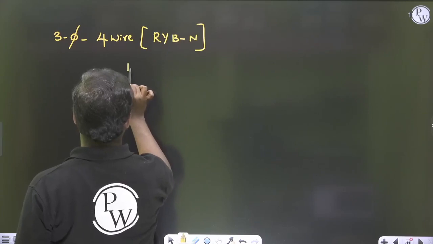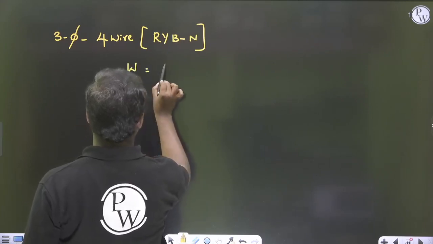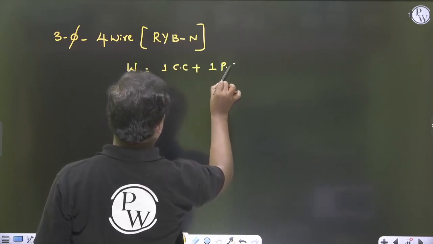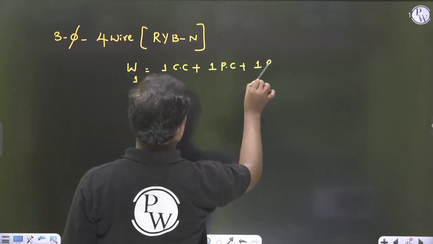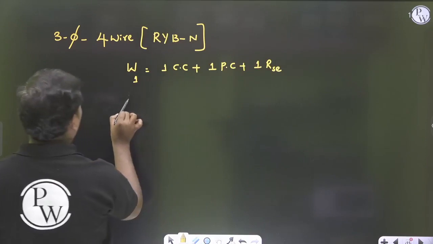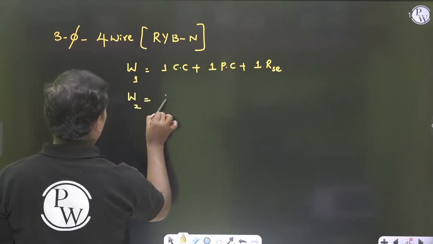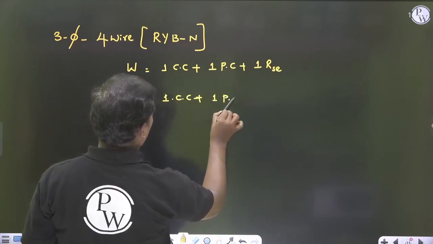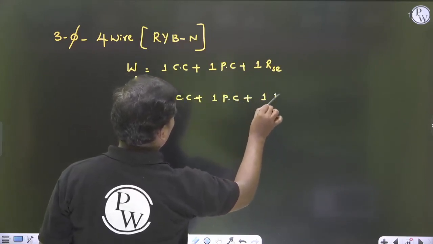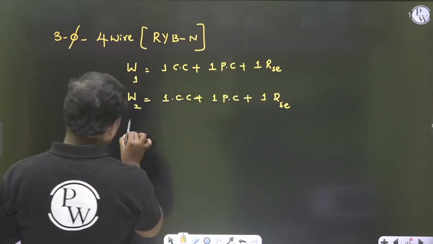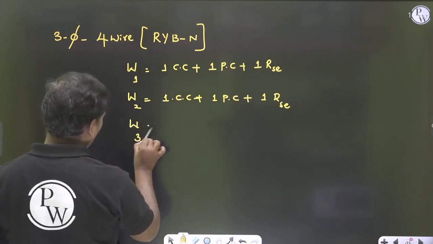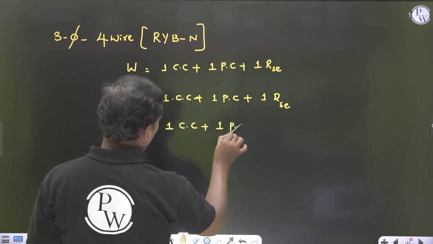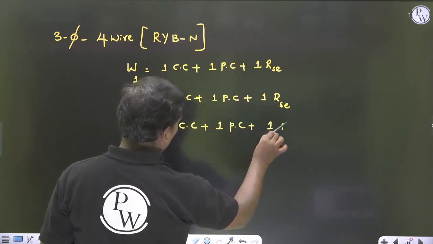How many wattmeters? Wattmeter 1 has 1 current coil, 1 potential coil and 1 series resistance. Wattmeter 2 has 1 current coil, 1 potential coil, 1 series resistance. Wattmeter 3 has 1 current coil, 1 potential coil, 1 series resistance.